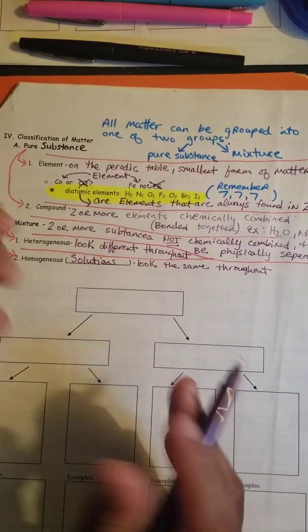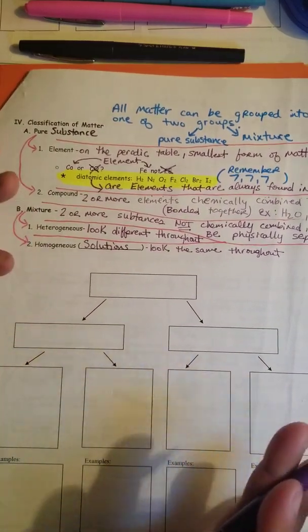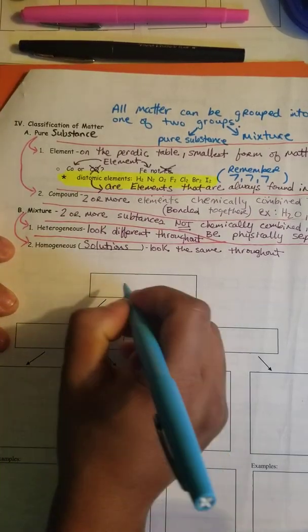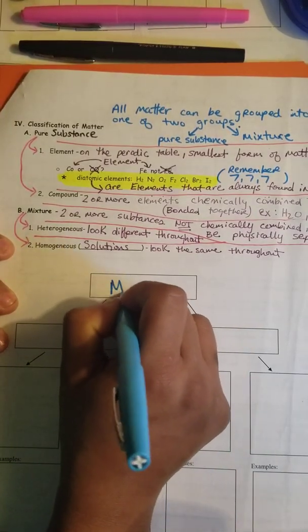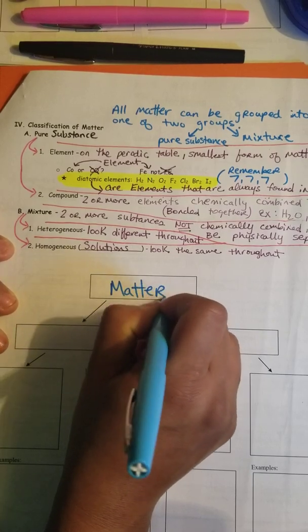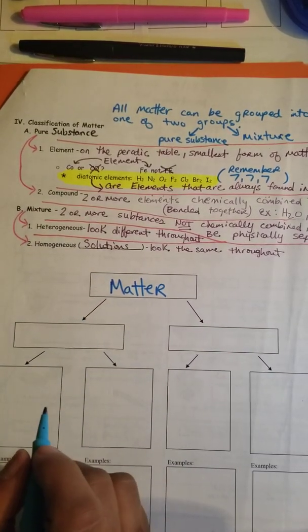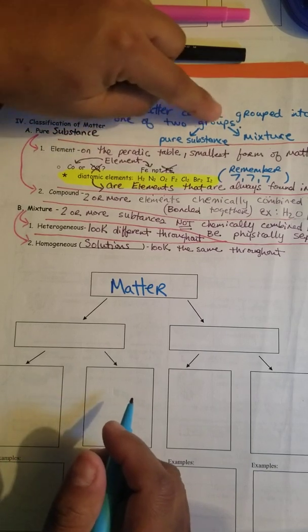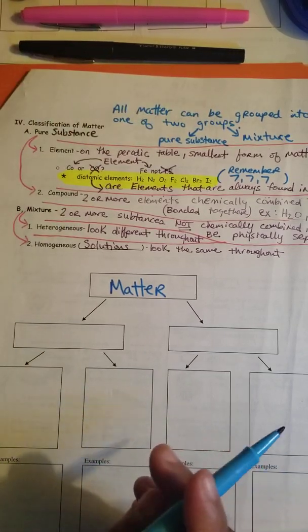So let's go ahead and let's physically break this up so that way we can see it in chart form. I like looking at it this way. First thing is that our topic for this unit is matter. That is what we're talking about. And all matter can be separated, we said earlier, into two groups, correct? So let's look at those two groups.